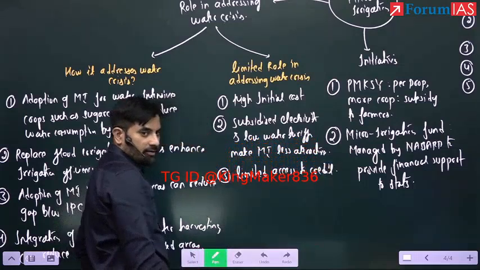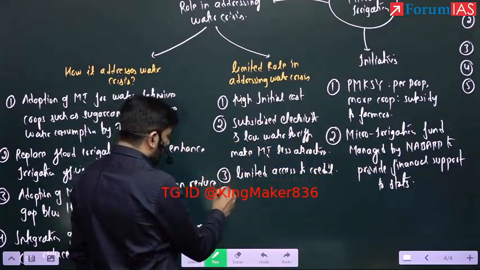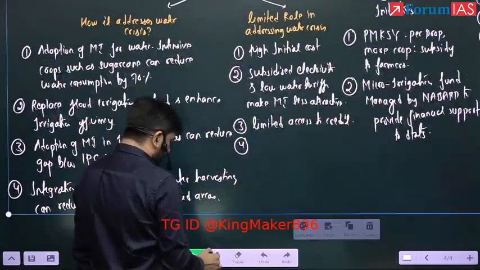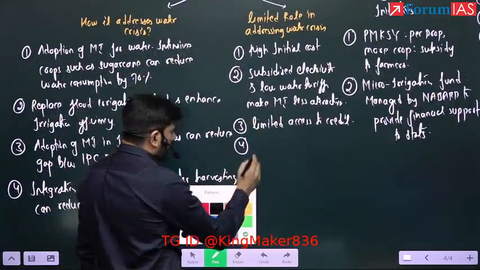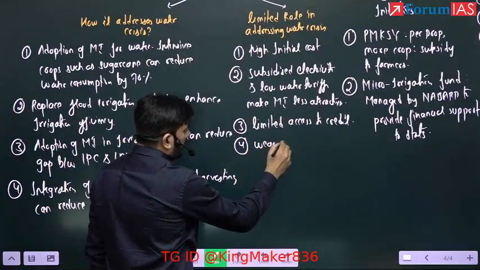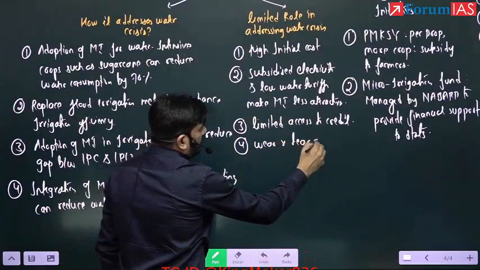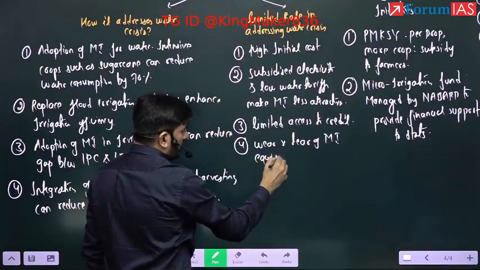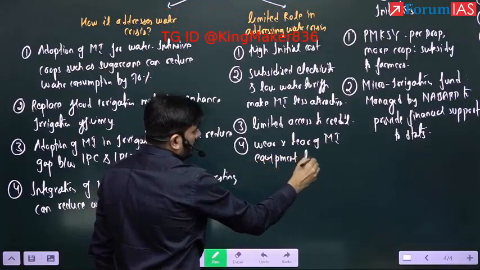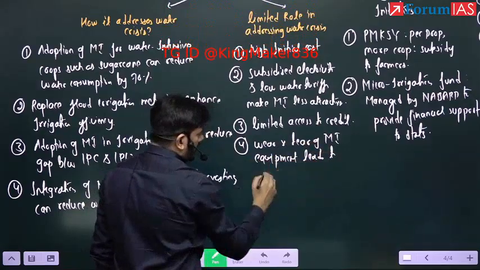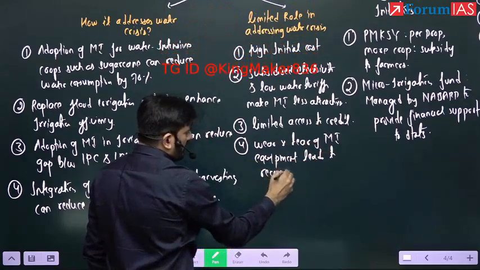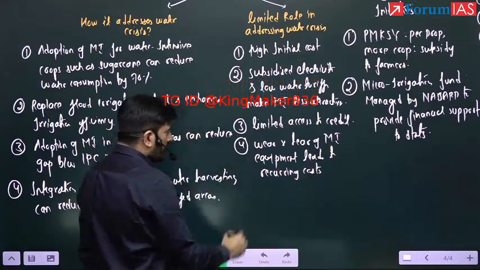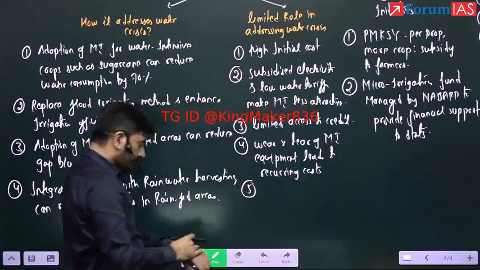Or you can also say wear and tear of micro irrigation equipment leads to recurring cost.